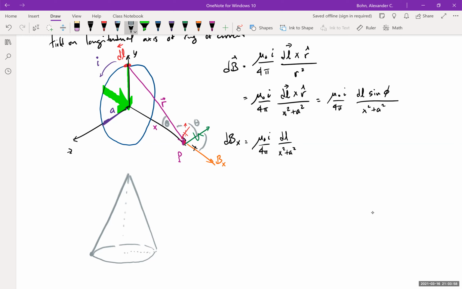It's 90 minus that. So I got to call this phi, and then I can label this phi, and then I can ask for the cosine of phi. I want to express it in terms of the geometry of the problem. Cosine is the adjacent, which would be the radius of the loop, and the hypotenuse.